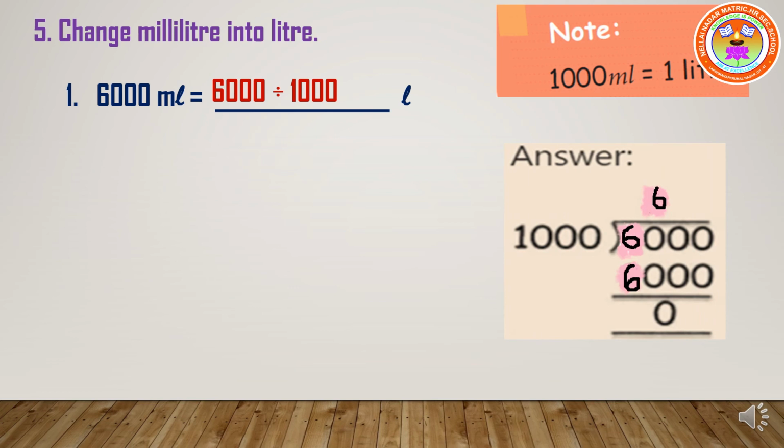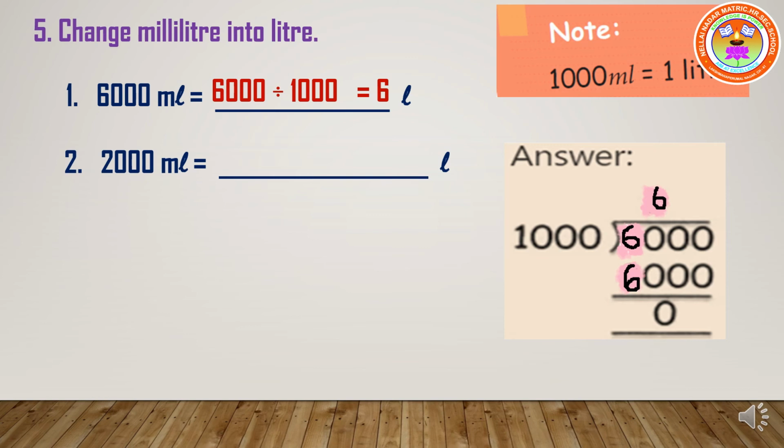So when we do 6000 divided by 1000, it is 6 times, and the remainder is 0. Therefore, we get the quotient as 6. Therefore, the answer is 6 liters. So 6000 milliliter will be equal to 6 liters.